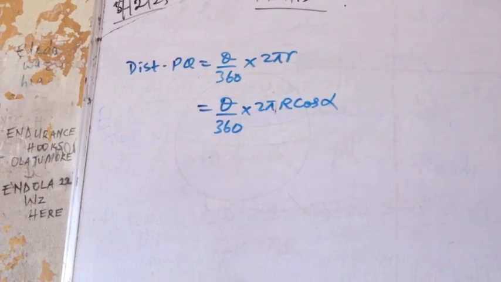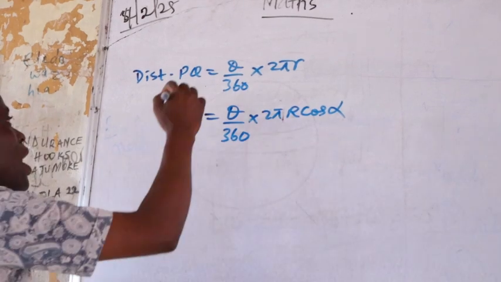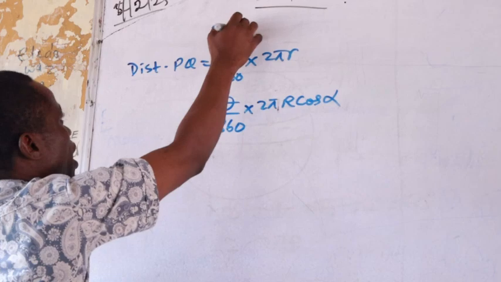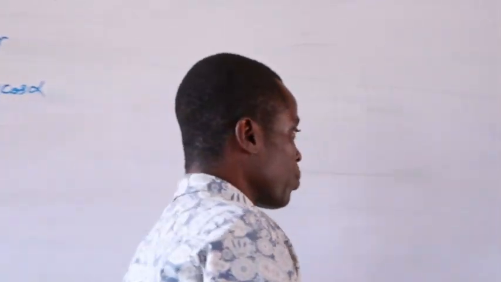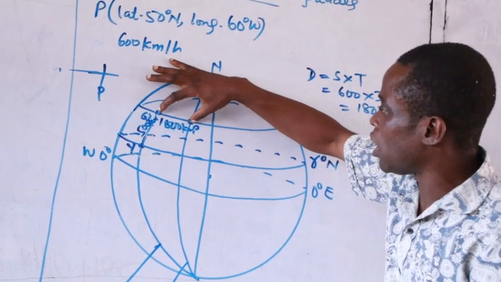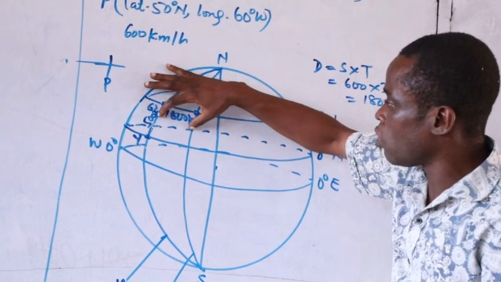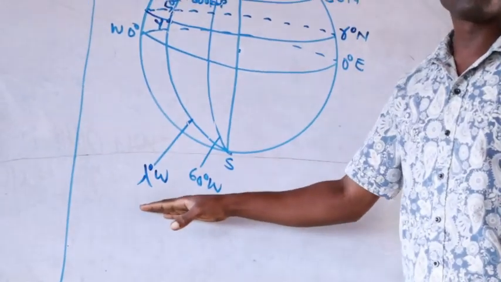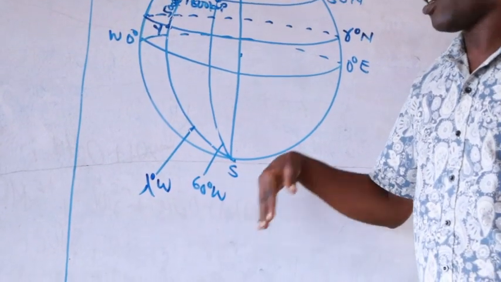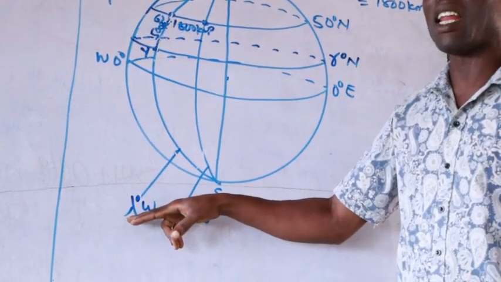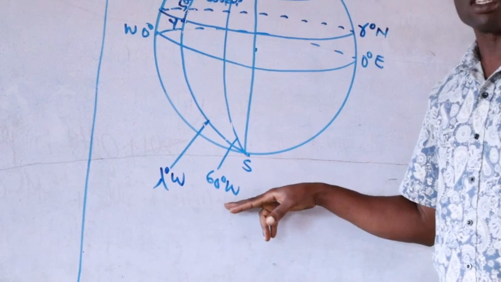Is that taken? Now after that, we need to get the angular difference. What is the angular difference? I can write the angular difference here. Look at P and Q. My finger is on P as well as on Q. When you trace it down, these are the two values we are going to use to get the angular difference. But when you look at this diagram, you will know that this lambda is more than 16.